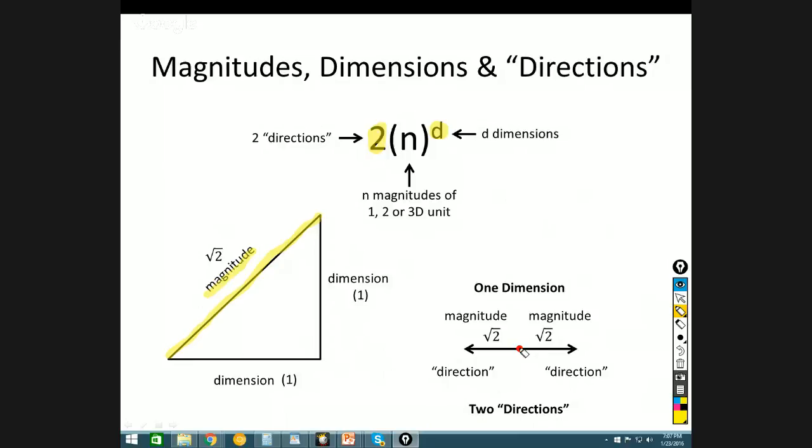So when you expand this out from a point, you go in both directions in one dimension. I couldn't show it all here, but if you go in 2 dimensions, then that would be 4. You'd have 4 diagonals in a square from the point expanding out in 1 unit of time.